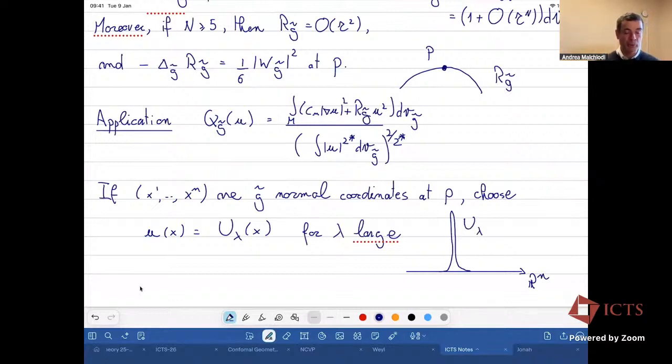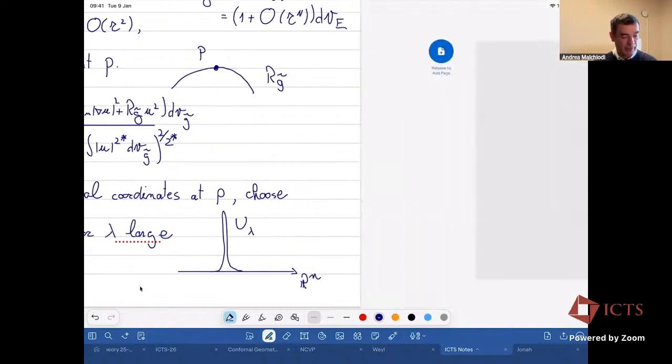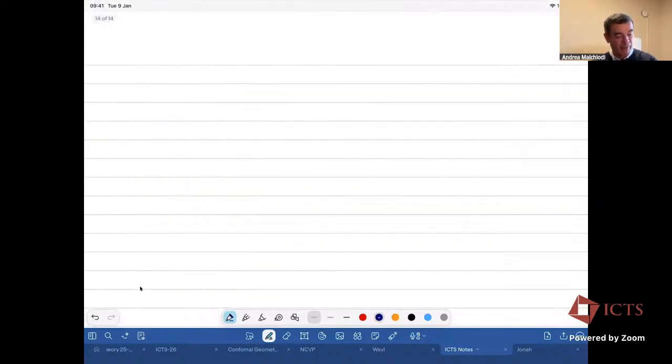Okay, so what we're doing is the following. We start from our manifold. So this is M. We choose the point P. Maybe the manifold has some topology. Okay, we choose now coordinates x. So these are g tilde normal coordinates.